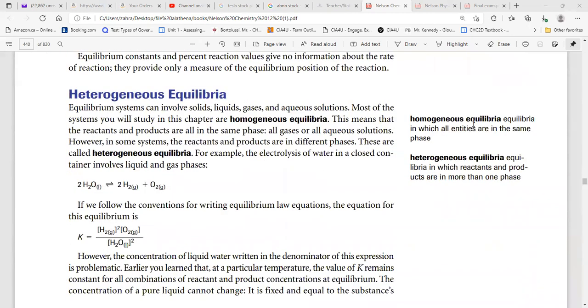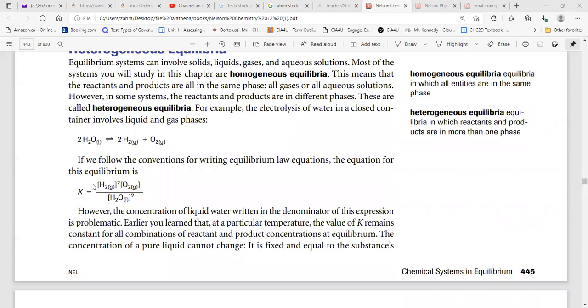Homogeneous equilibrium is the equilibrium in which all entities are in the same phase, as everything is gas, or everything is liquid, or everything is aqueous. Heterogeneous equilibrium is one in which reactants and products are in more than one phase, like that. H2O liquid gives you H2 gas and O2 gas.